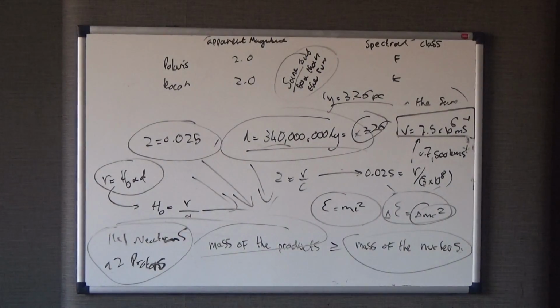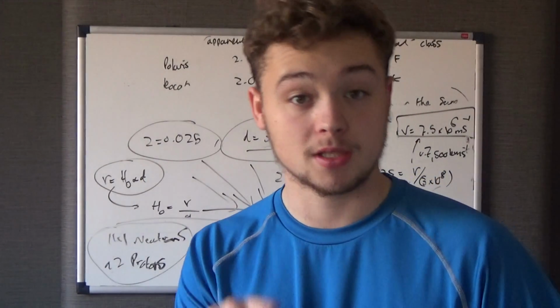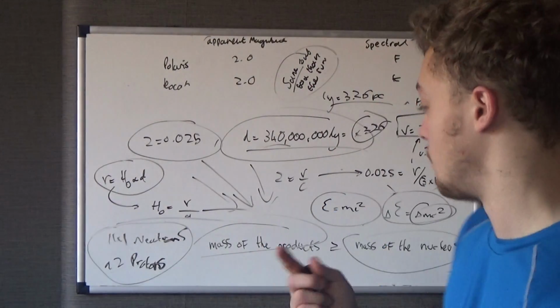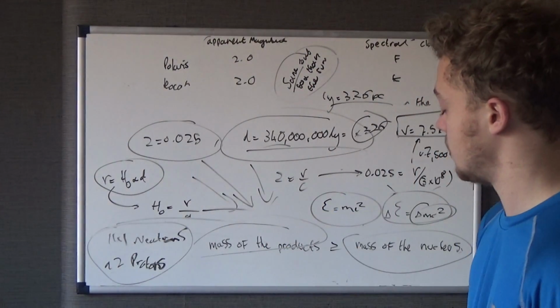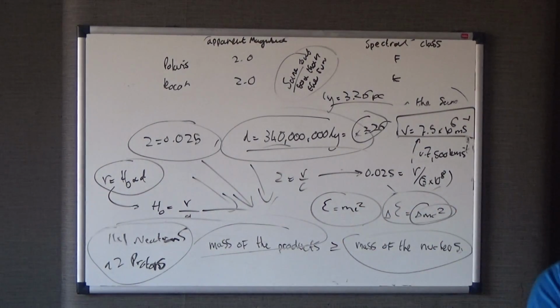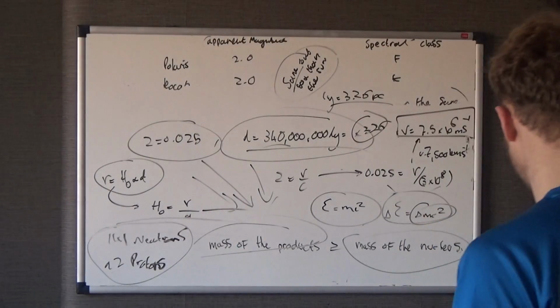If you look on the formula sheet, you've also got the atomic mass unit, U, which is compared to whatever you're looking at. The atomic mass of a proton is 1.00728 U, so you would times that by 92.